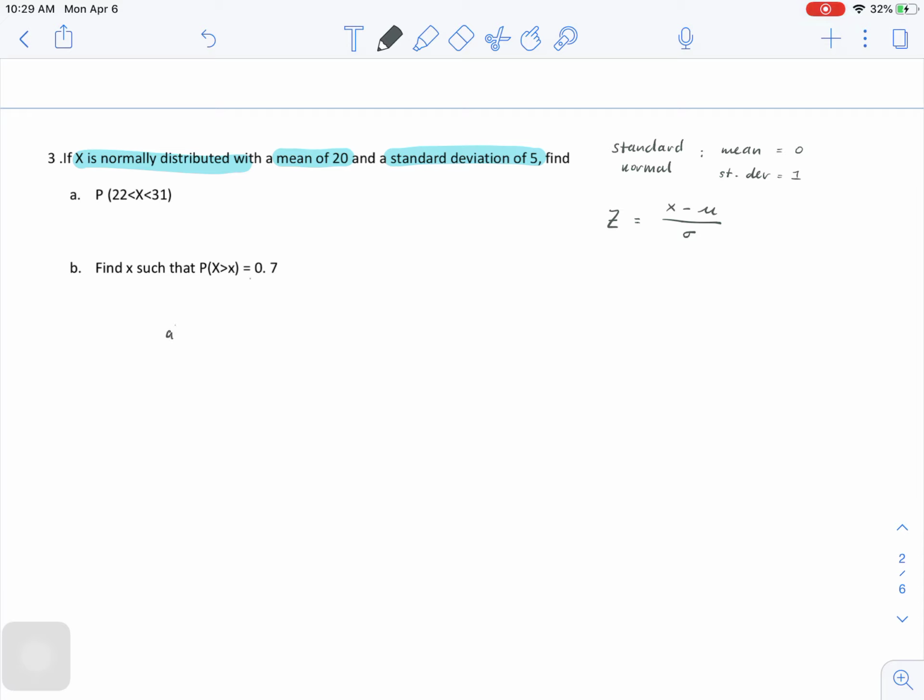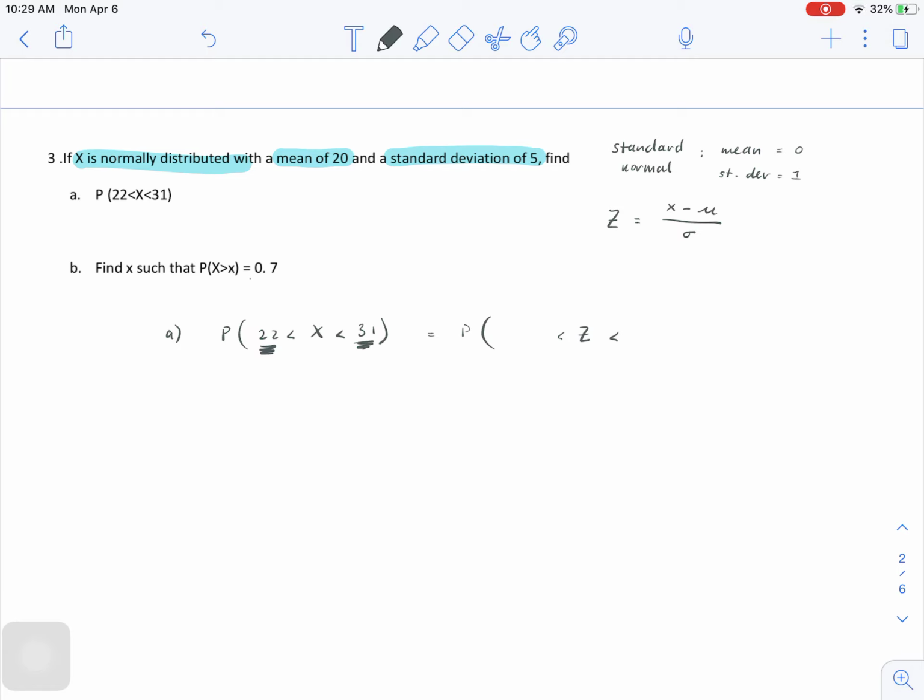So for part A, we want the probability that x is between 22 and 31. This is equal to the probability that z is between two converted values. So we convert 22 to a z-score, and we convert 31 to a z-score.